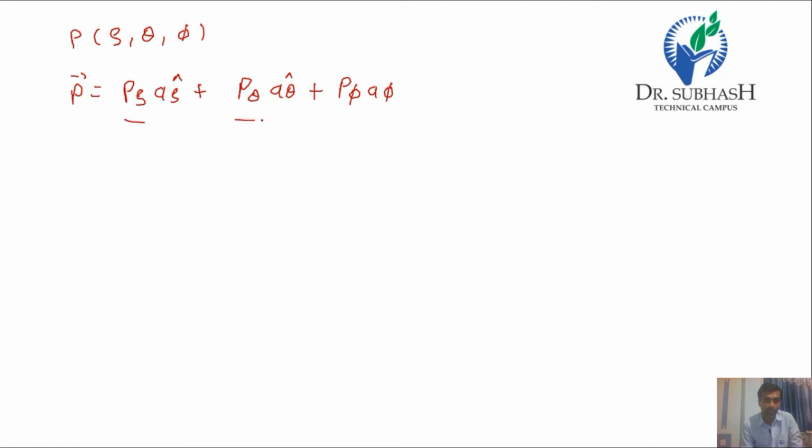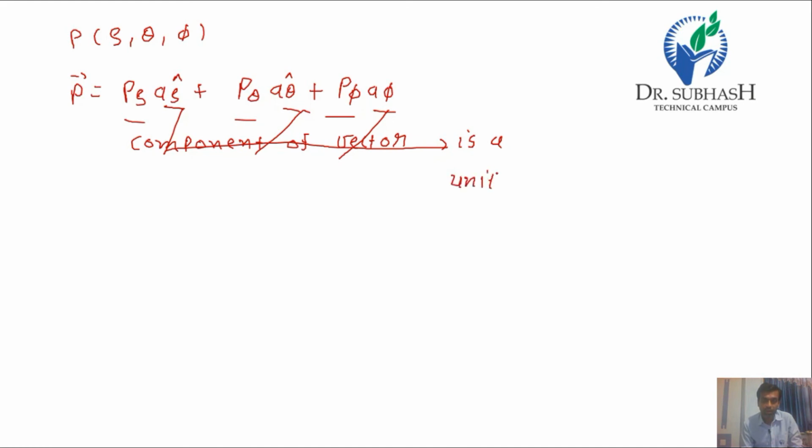Here Prho, Ptheta and Pphi are the components of the vector, and a rho, a theta and a phi are the unit vectors in the rho, theta and phi directions.